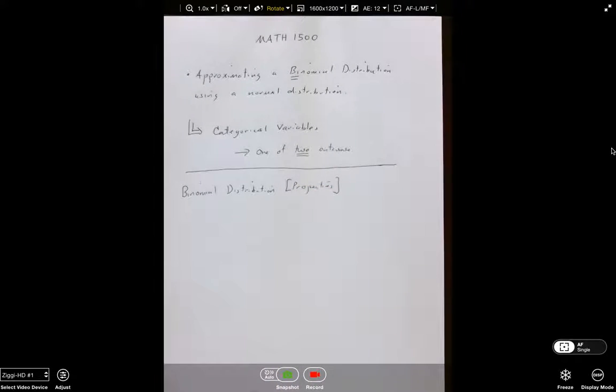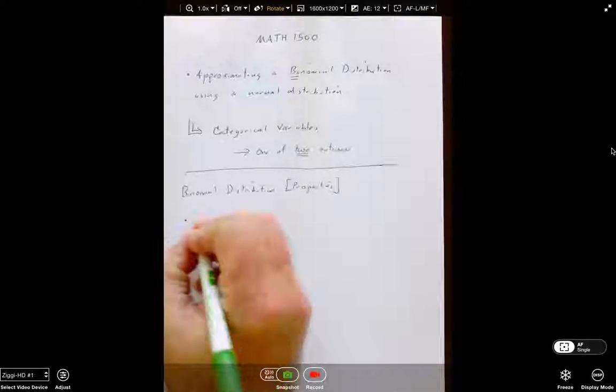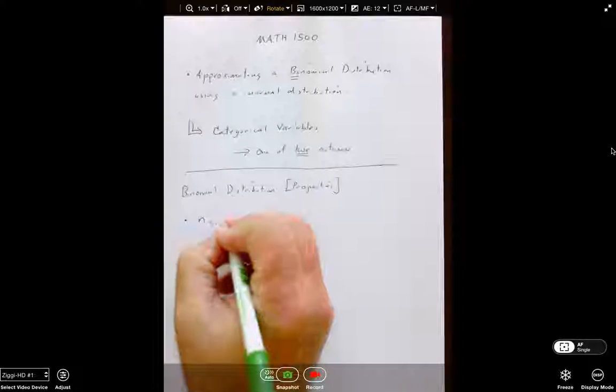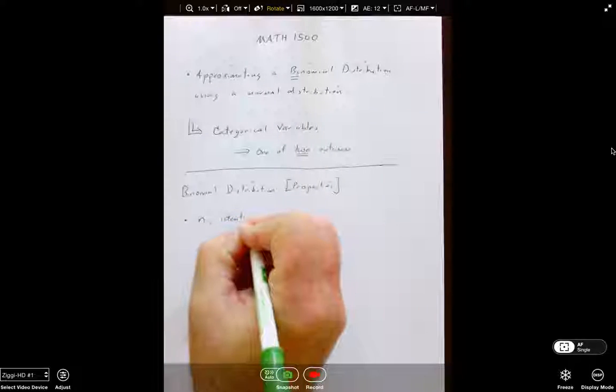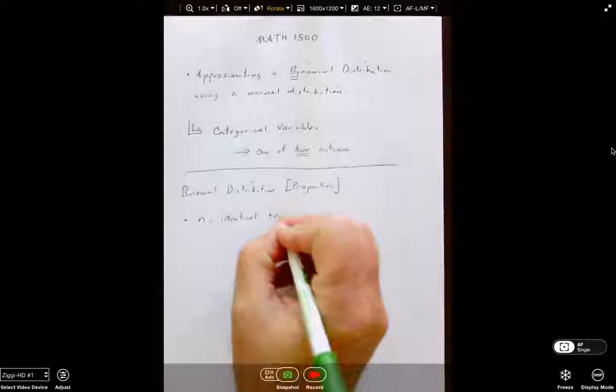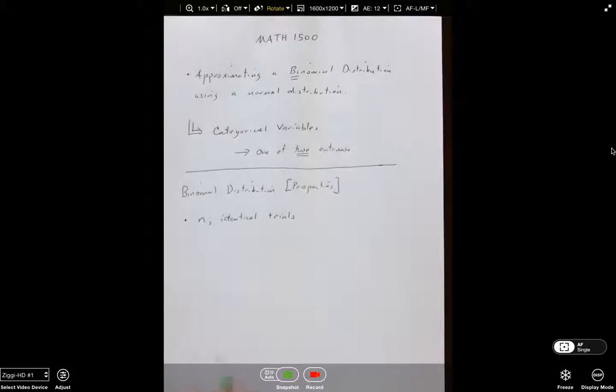And just to get you thinking in terms of binomial responses compared to the quantitative ones we've been dealing with for about the last 3 weeks. First of all, we have what I would call n identical trials. So we have an experiment, if you will, that consists of a fixed number of n trials.